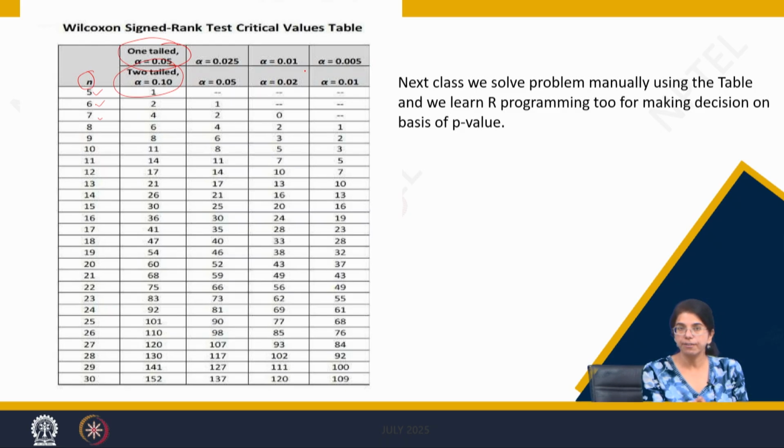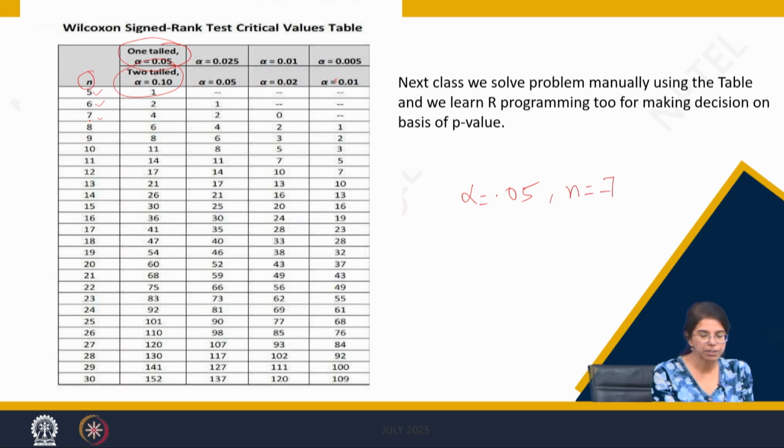And if you are dealing with a two tail test, you have to go with the second row. If I ask you that for alpha equal to 0.05, what is the tabular value? For n equal to 7, if it is a one tail test, the tabular value will be coming as 2, clear?